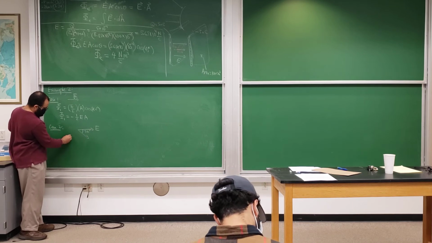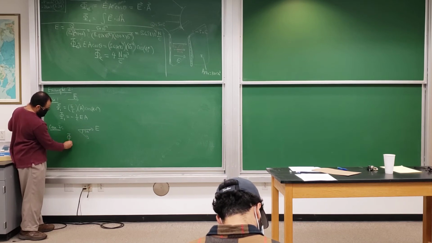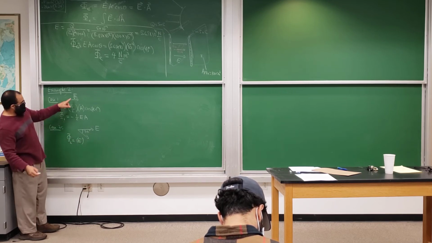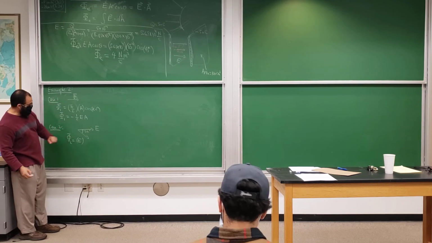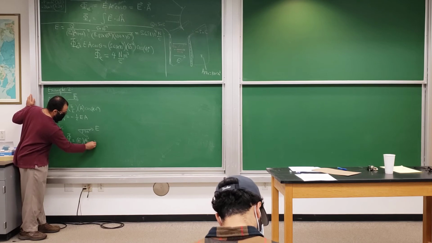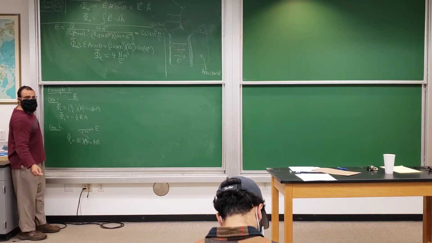So flux 2 is the electric field, which is just E (earlier it was E over 2), times the area, times the cosine of 30 degrees. Cosine of 30 is square root of 3 over 2.